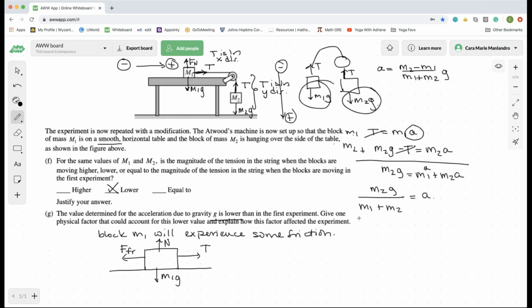So if I set up this equation again, T minus the force of friction is equal to M1A, so I'm subtracting something out, and therefore my acceleration decreases. So if my acceleration decreases, the slope of my line would decrease, and therefore the value of G would decrease. All right, does that make sense?